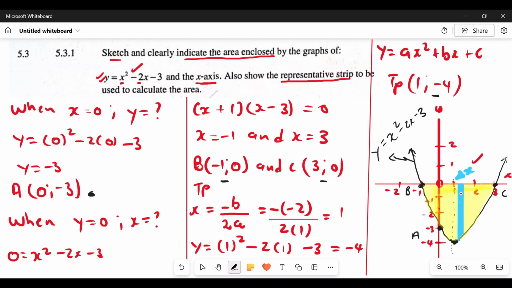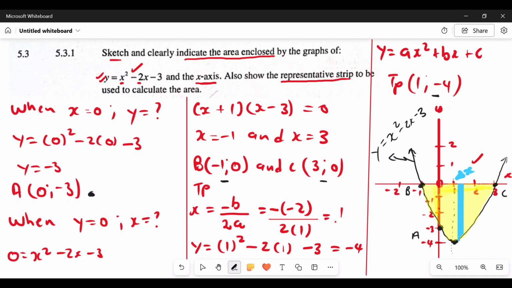Just in case you didn't understand, remember they said you must show the area that is enclosed by the x-axis, meaning in this type of equation, you are only going to use the x-intercepts as your limits. So if you look at this graph here, the x-intercepts are actually your limits for this one.